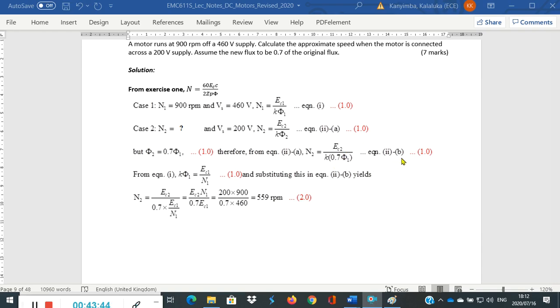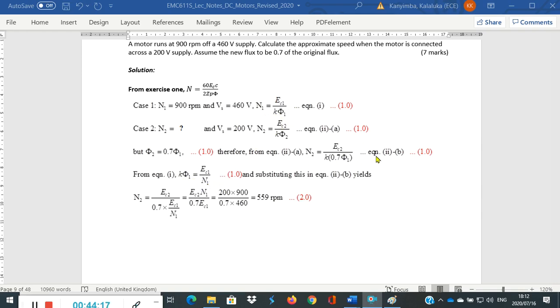Now we've got two equations in two unknowns. From equation 1, let's make K times phi1 the subject of the formula. K times phi1 is equal to EC1 over N1.